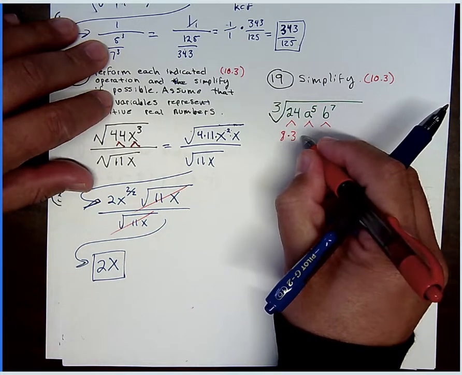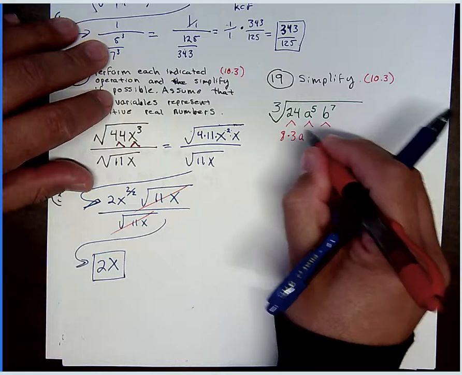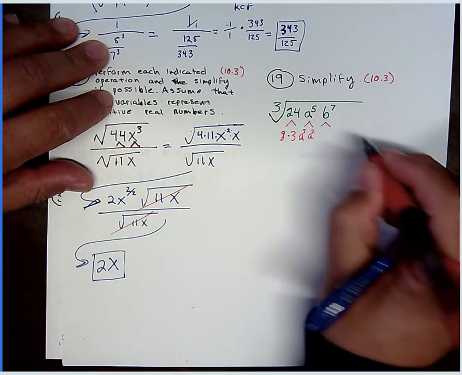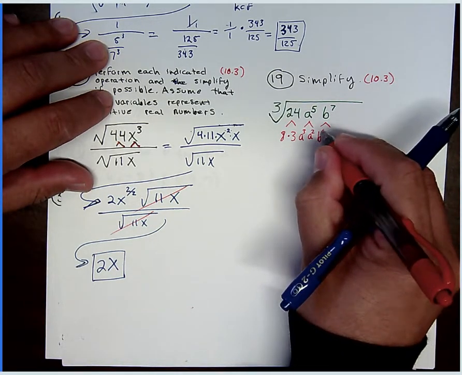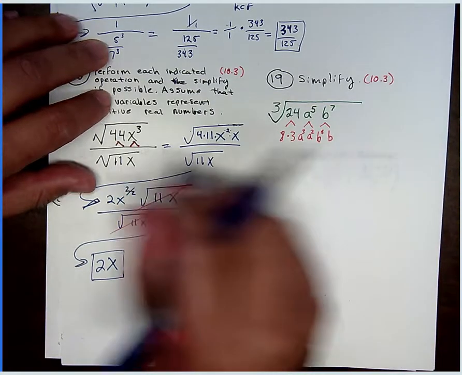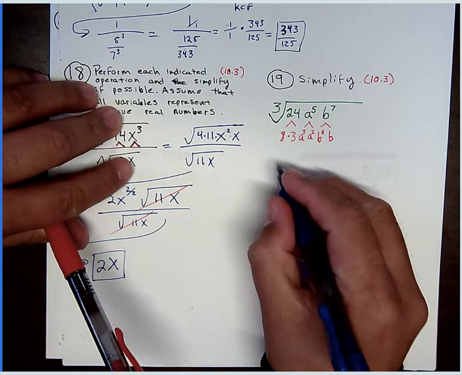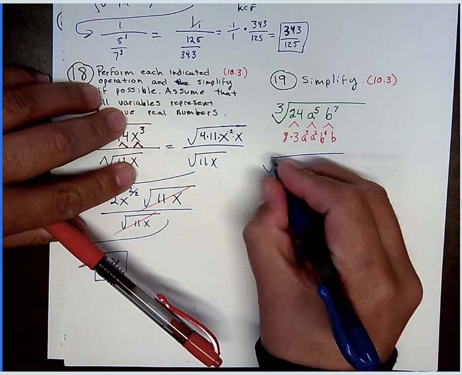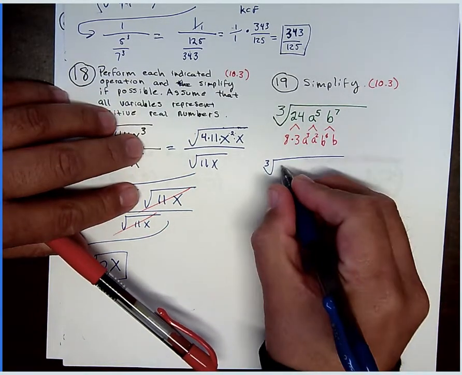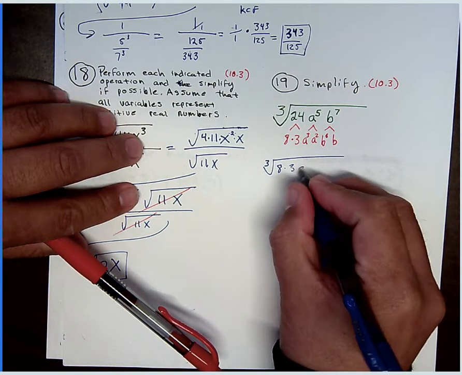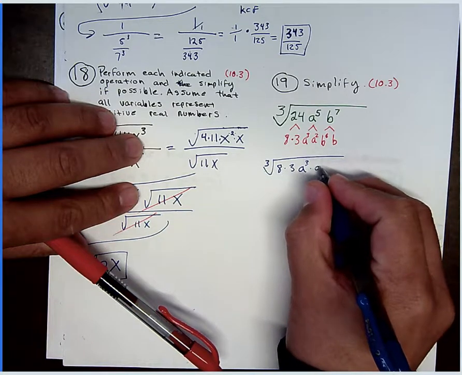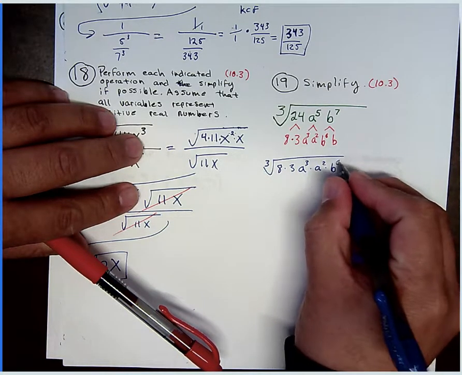This I'm gonna make a cubed, a squared, and this one I'm gonna make b to the 6th times b. So okay, let me write it again. So it's a times 3a cubed times a squared times b to the 6th times b.